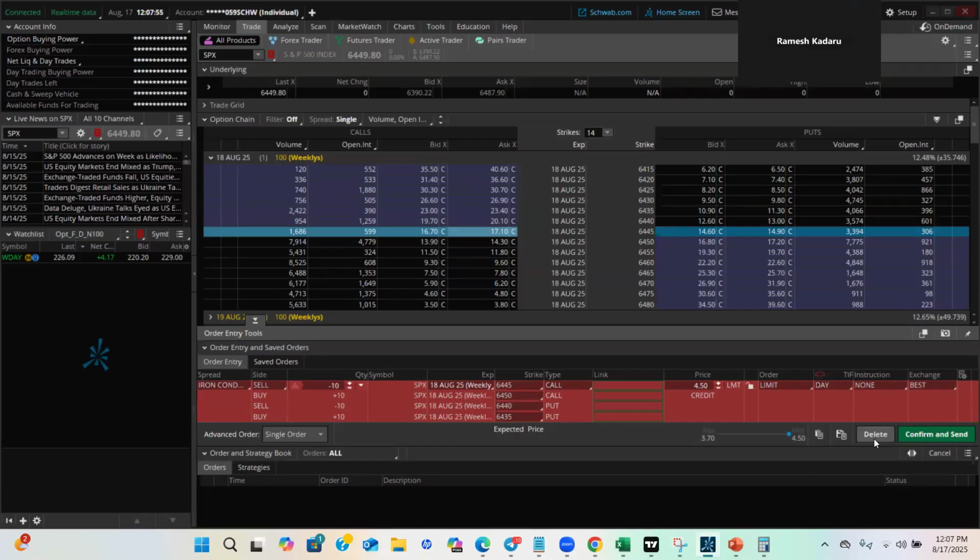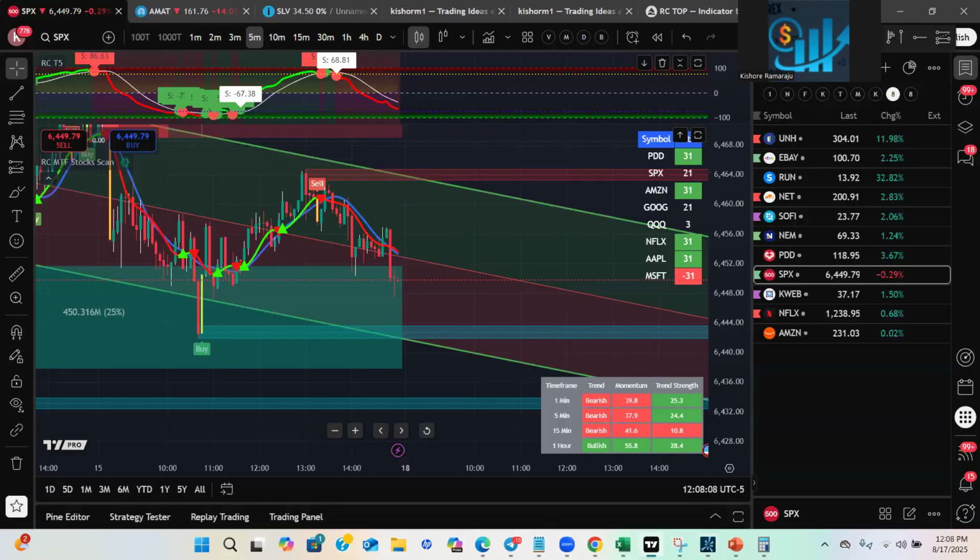Do you recommend this butterfly or iron condor for non-assignment products like SPX, or can any stocks also be used? Yeah, we can do it for any stock, but generally, if you want to avoid the risk of assignment, then SPX and XSP are the best tickers because you don't have any risk of assignment. With PDD or any other stocks, because they suddenly go up or down, sometimes they can get assigned.